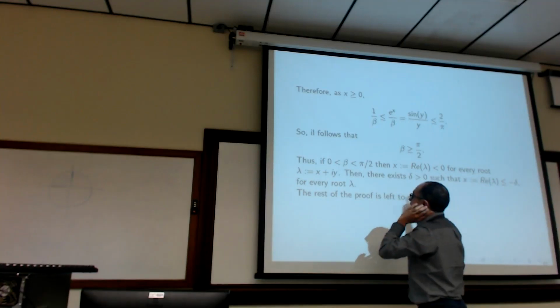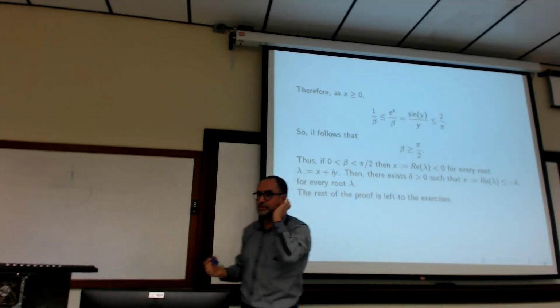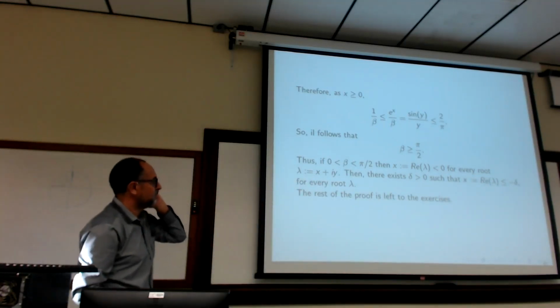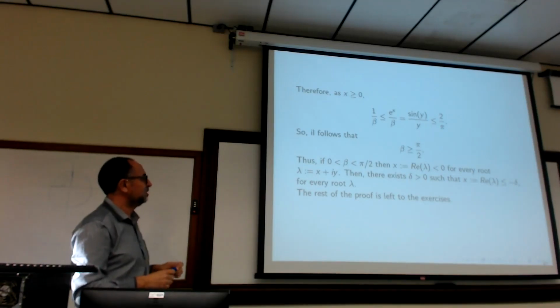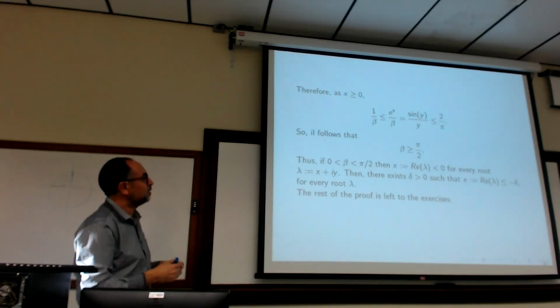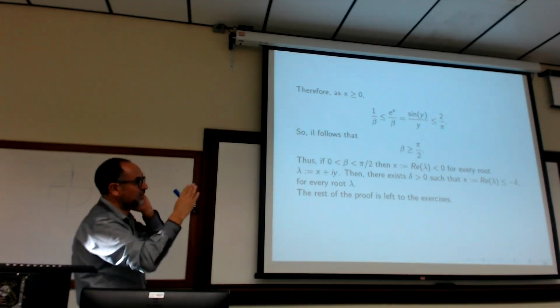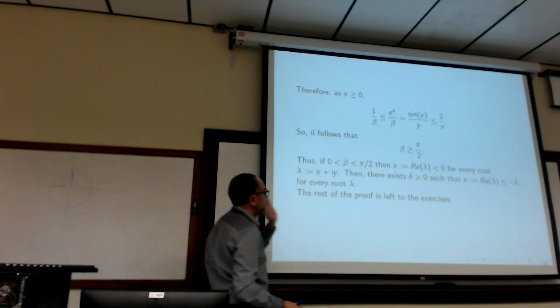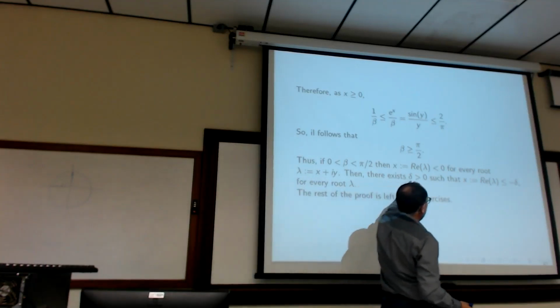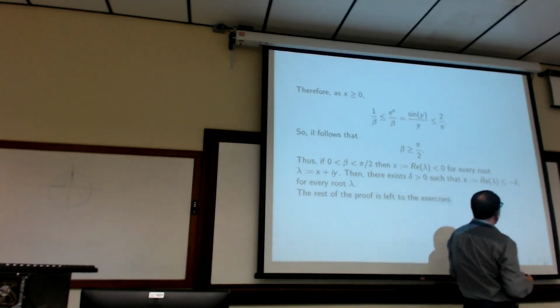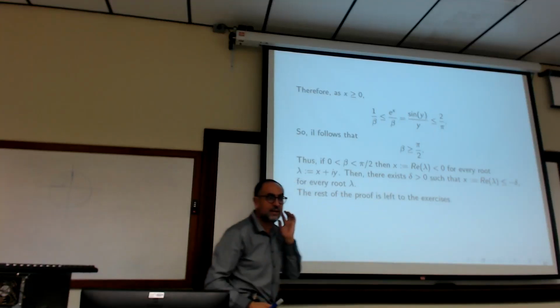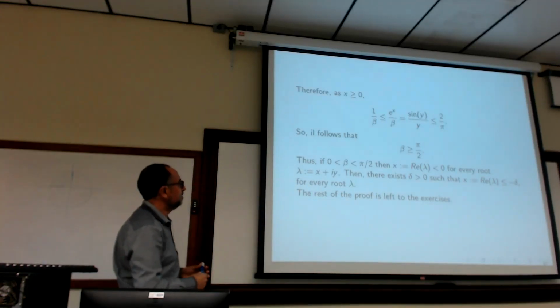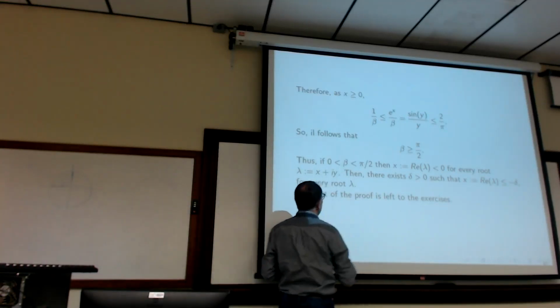That means we have a stability of 0. For every root, as all of them have real part, and we know that there is a finite number on the left, we can prove that there exists delta such that all the real parts are less than minus delta, and we have stability for beta between 0 and pi over 2.